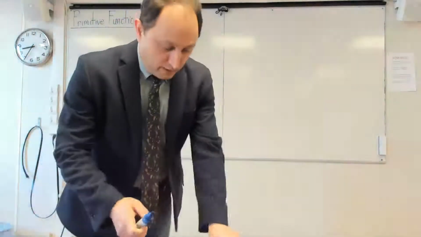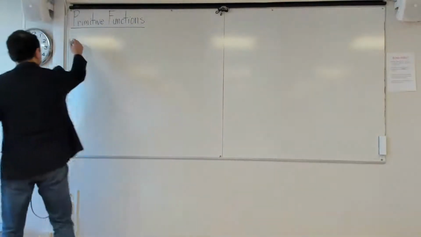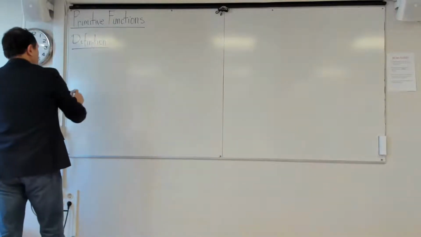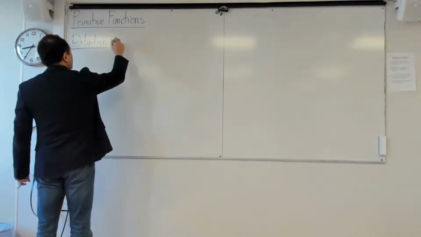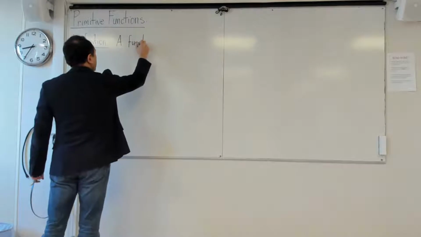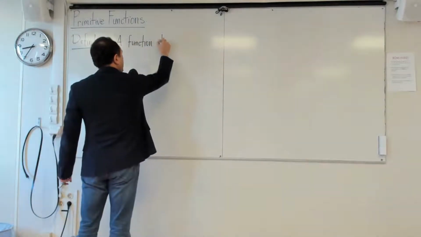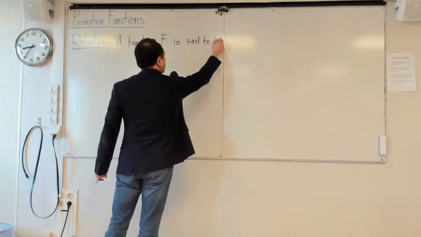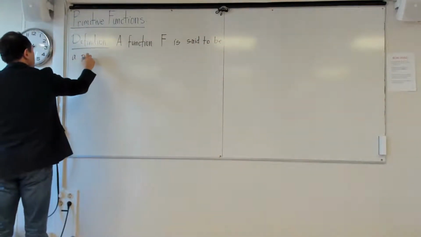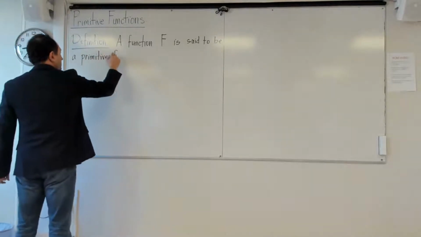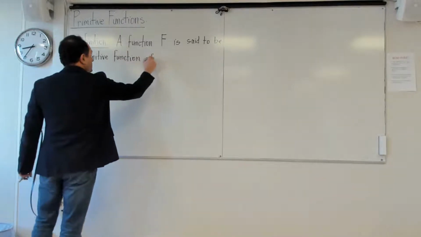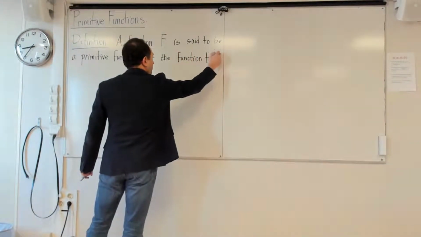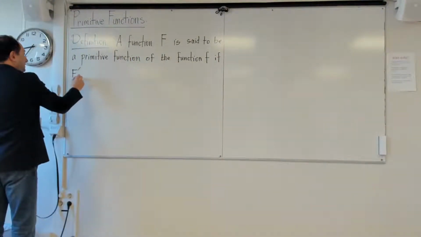So let me start officially. What is the primitive function? A function, and this is more or less a standard, write it capital F. A function capital F is said to be a primitive function of the function f if f prime is equal to f.